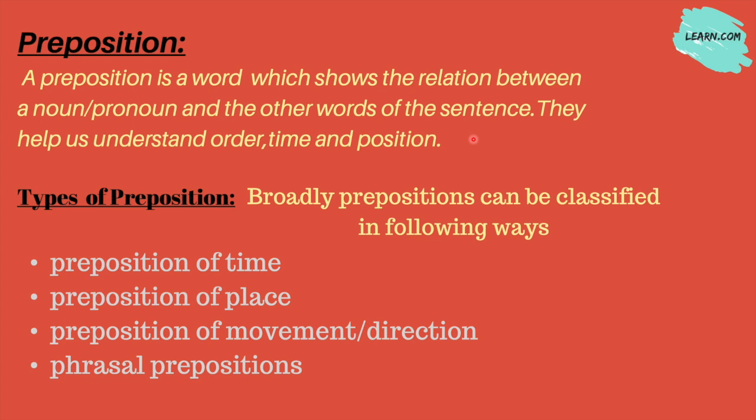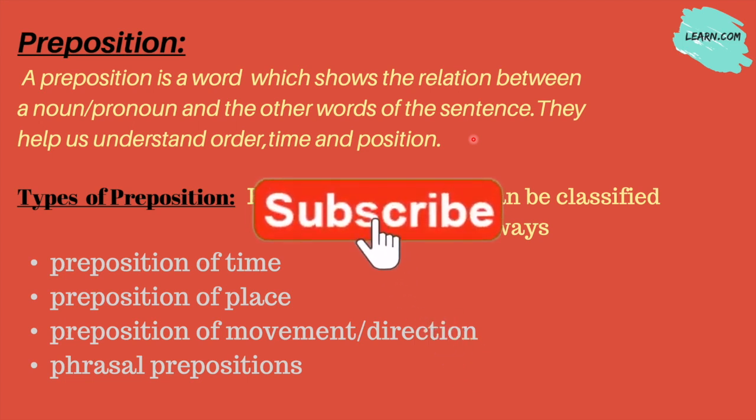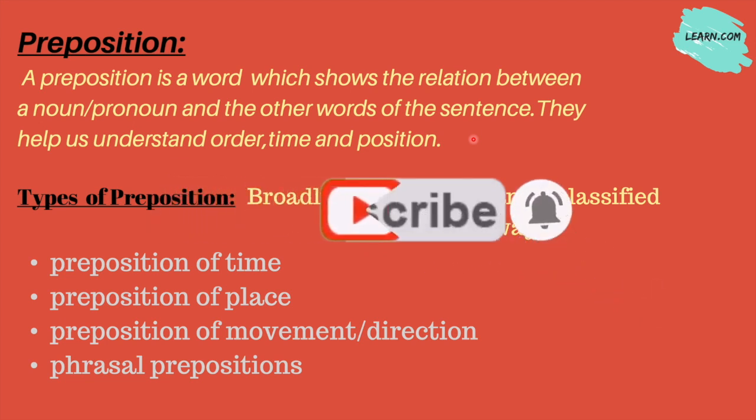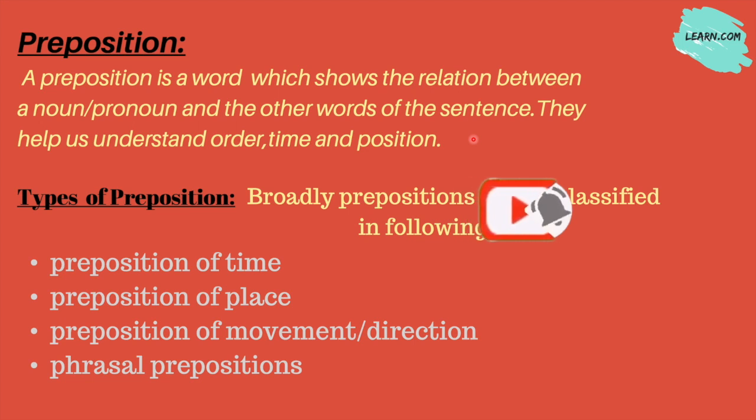In other words, prepositions help us understand order, time, and position. In simpler words, they give us knowledge about time, place, movement, direction, and position of the noun or pronoun that is used in the sentence.